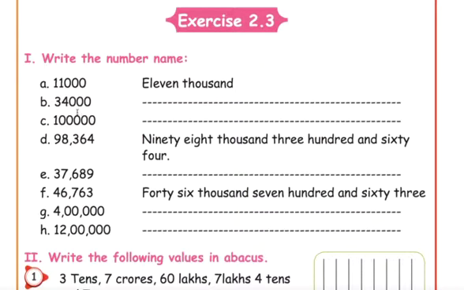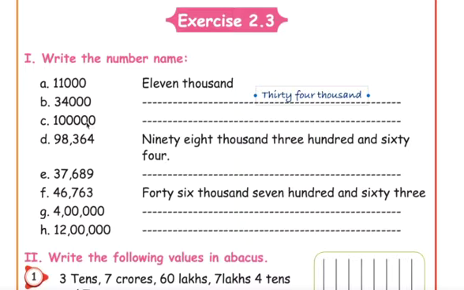11,000, right? This is 34,000. Let me write it. 34, R is missing. 34,000, right? Okay, let me keep it here, to make it more visible. And this is 1 lakh.